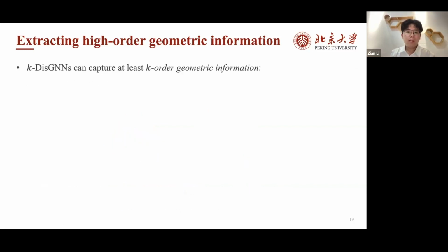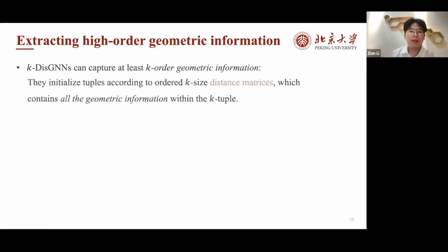And we first note our k-DisGNN can capture at least k-order geometric information. This is actually very obvious because they initialize tuples according to the ordered k-size distance matrix. And as we showed in previous slides, these matrices contain all the geometric information within the k-tuple, so they can capture this information.